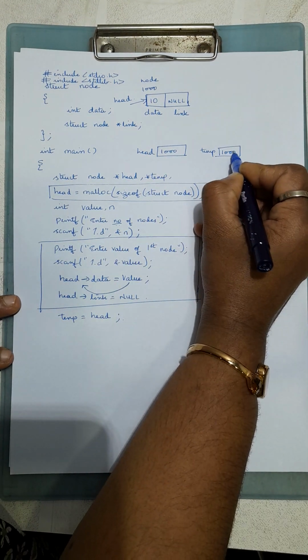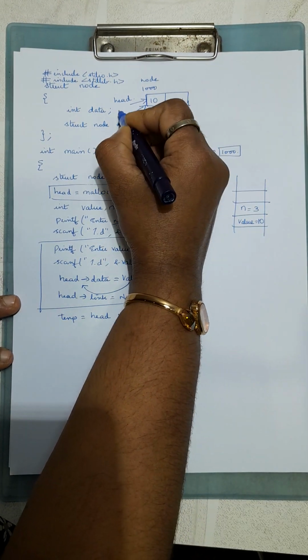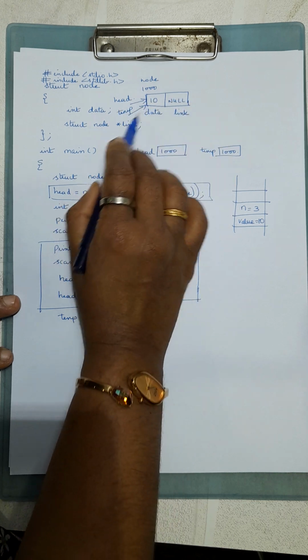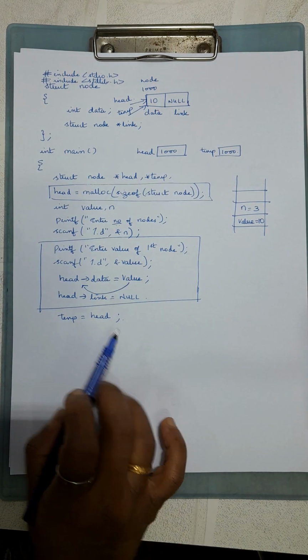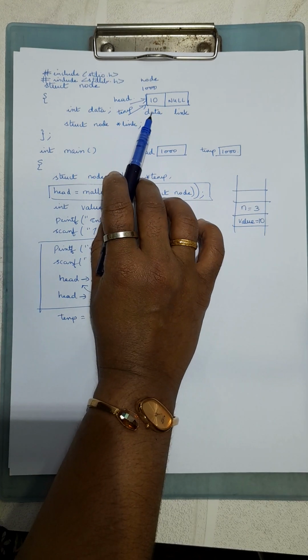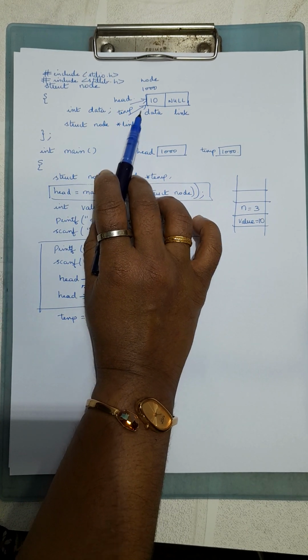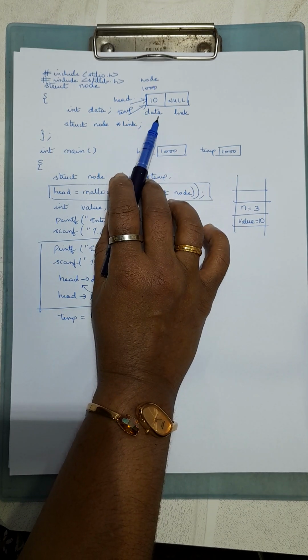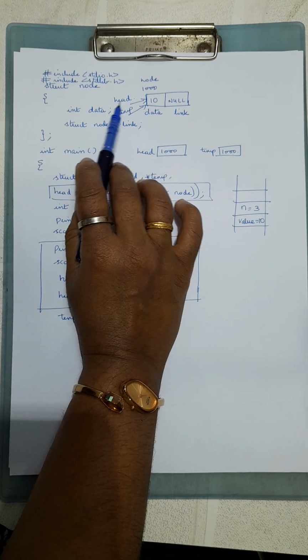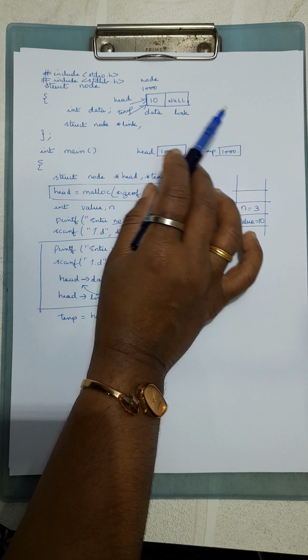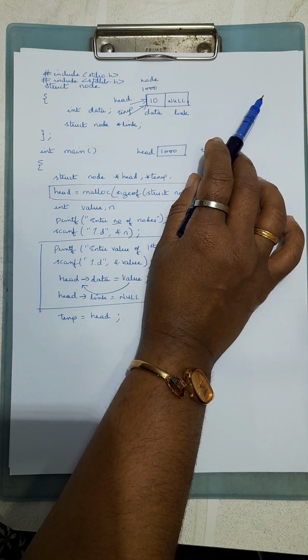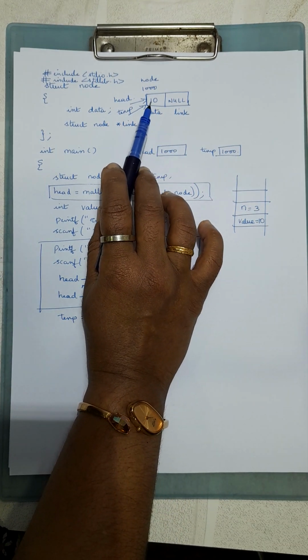So temp is also 1000, which means there's one more pointer variable called temp, which is pointing to the same head node. Now there are 2 pointers pointing to the head node, the head pointer as well as the temp pointer. Why am I using 2 different pointers? I'm not going to navigate the head pointer to the other nodes, because we need to keep a reference to the first node.